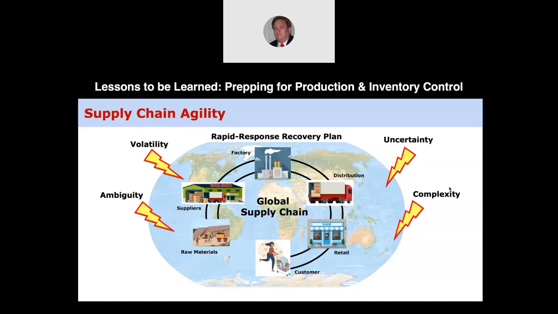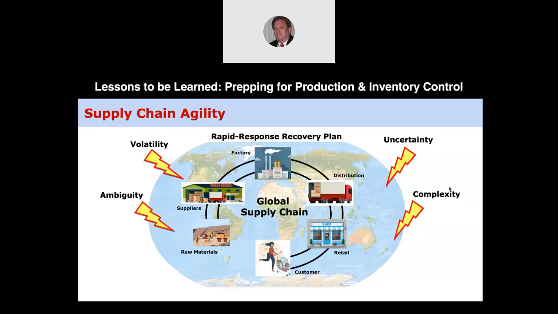What we're going to do now is drill down into each one of those, and come up with a rapid response recovery plan, because like I said, the black swan hopefully will never happen again, but in your lifetime, there's a chance that it will.